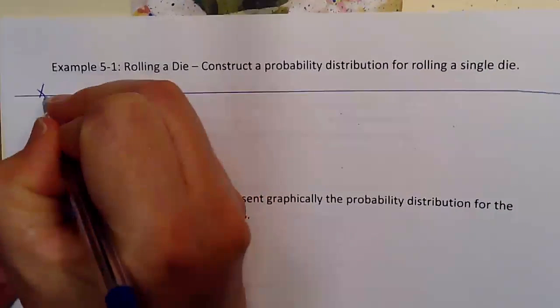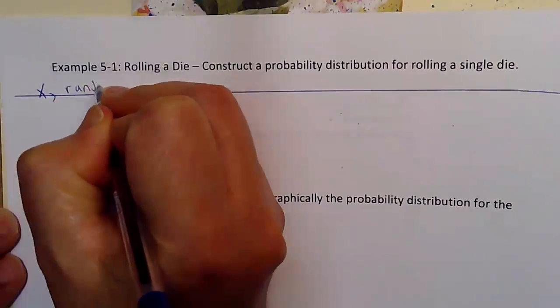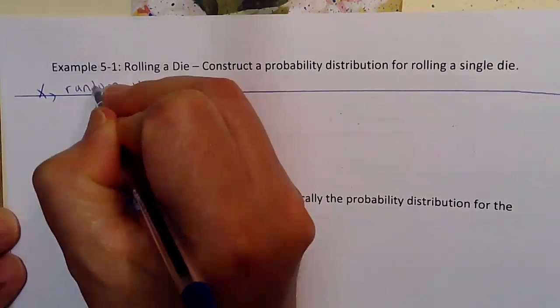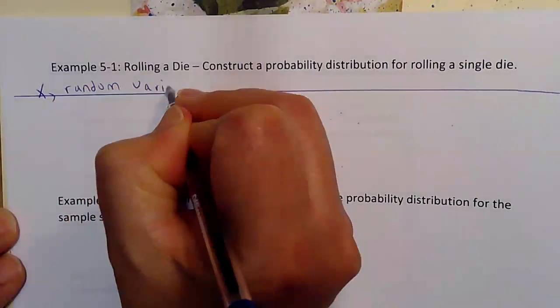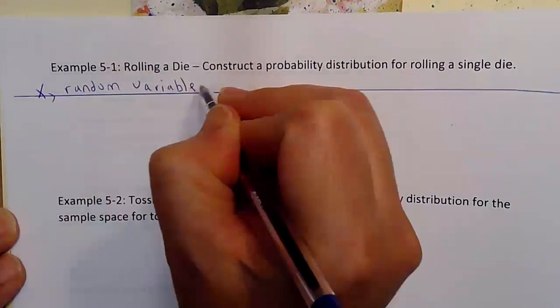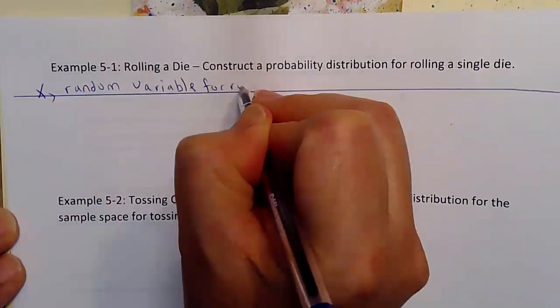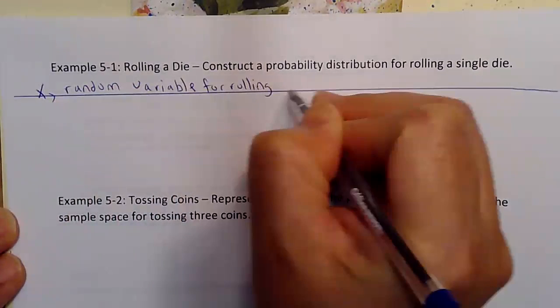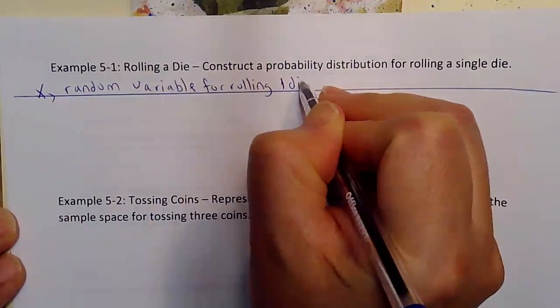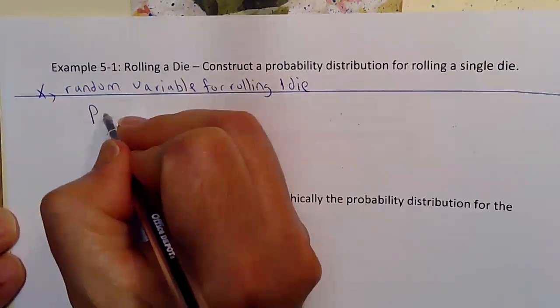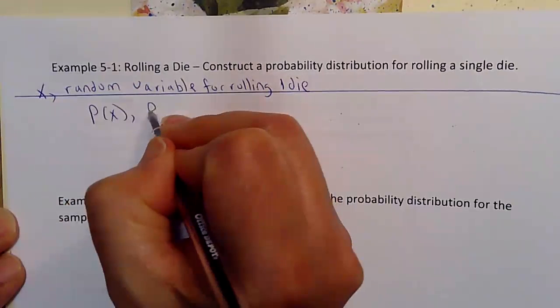X is a random variable, and this is for rolling one die. And then this is going to be P of X, which is your probabilities.